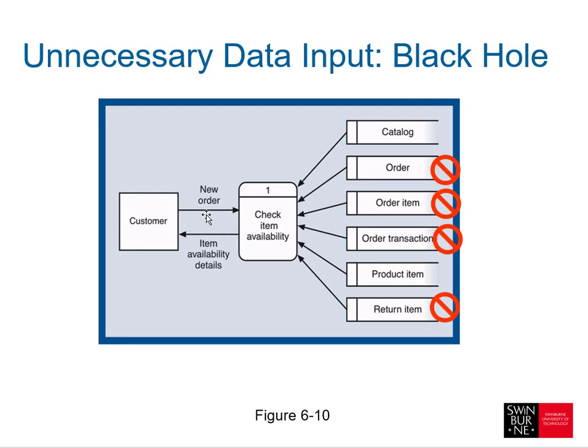So in order to produce the item availability details, now see the black hole. Where is the black hole created? Here, the business analyst grabs information from the catalog.